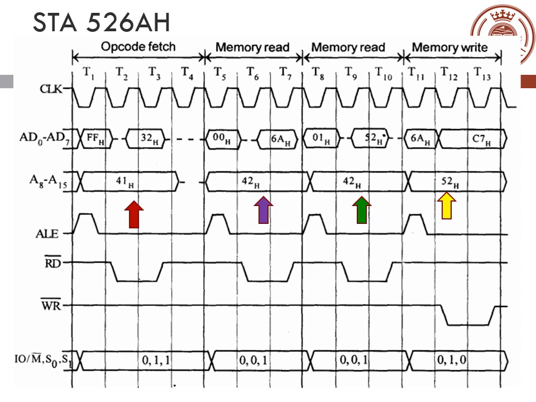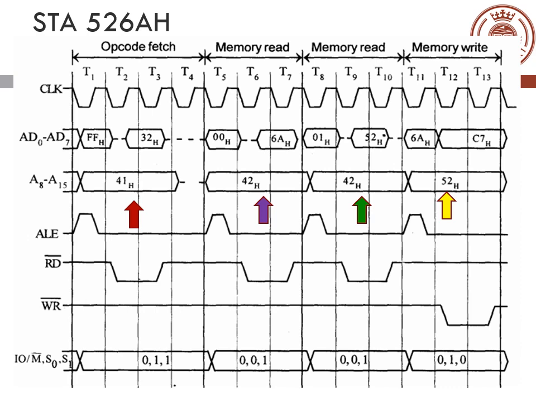After that the microprocessor understands that you need to read the memory location. The memory location to which you need to write the accumulator value is 526A, and that is present in two locations, in 4200 as well as 4201. Okay, so you need to do two memory read operations.